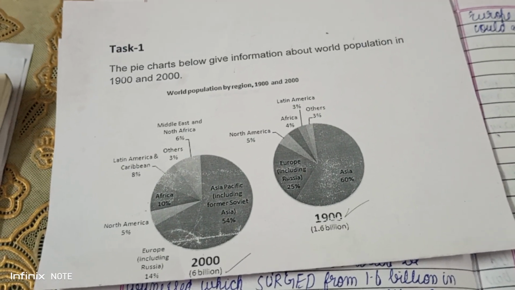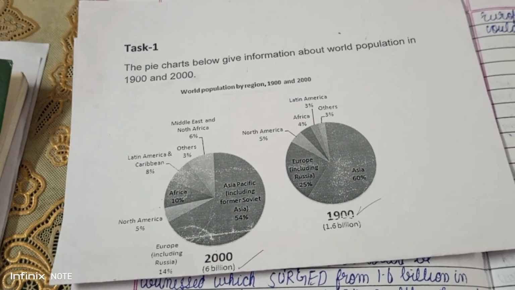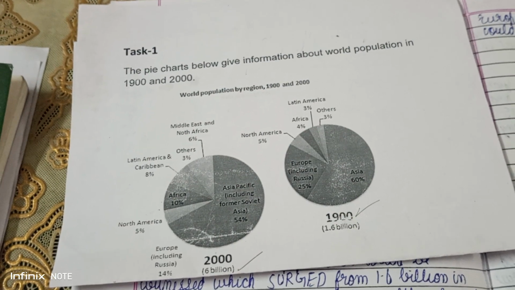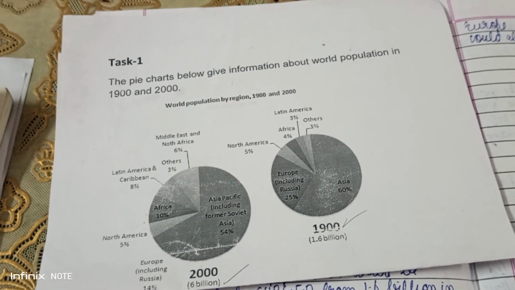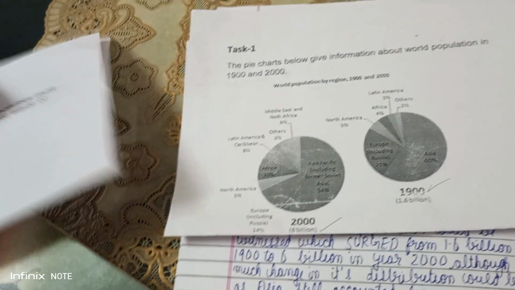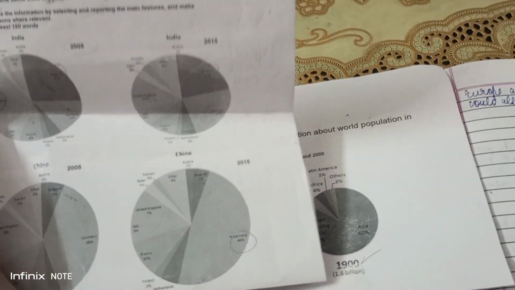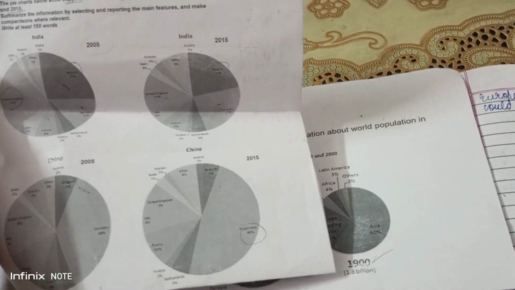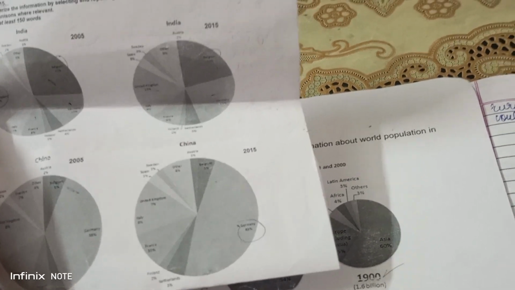In some cases a single diagram can be given to you and you will have to explain it. In some cases multiple pie charts, like you can see two pie charts are given and you will have to explain both. Other than that, it's also a multiple pie chart, so you can see a lot of information has been given to you, and I will be explaining the way to attempt.